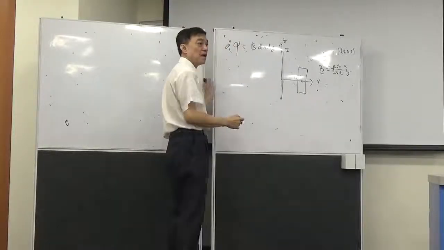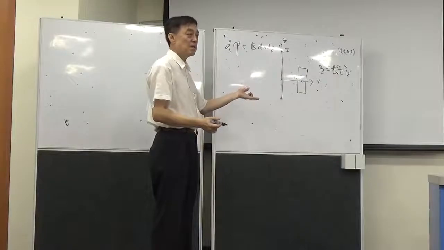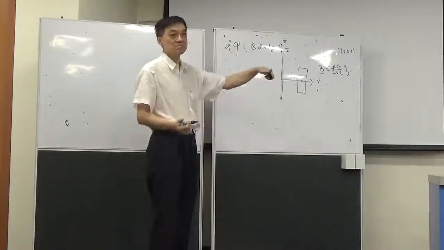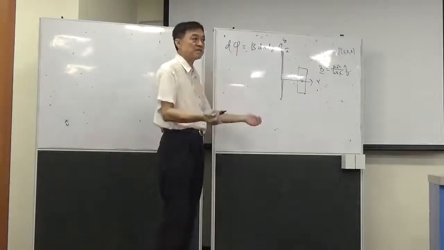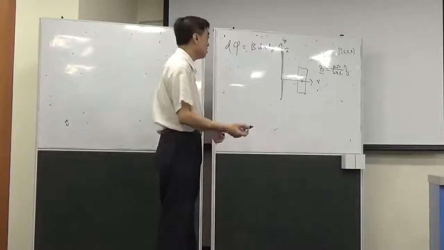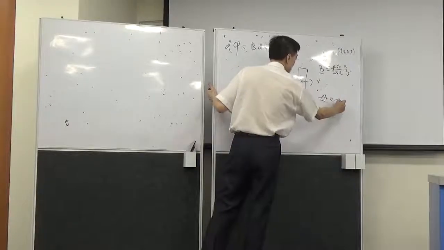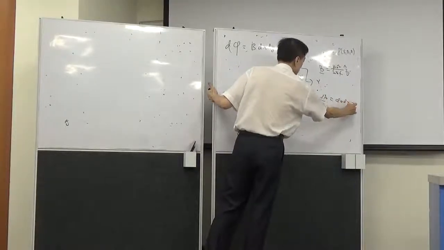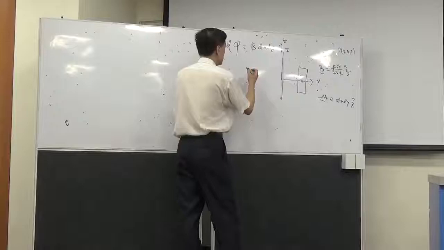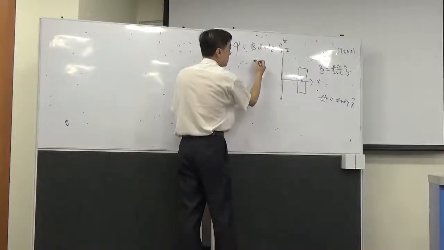This is negative or positive because the area doesn't matter, or you take care of it yourself. dA is supposed to be dx dy z. So the dot becomes minus. So this is equal to minus mu naught I over 2 pi x dx dy.